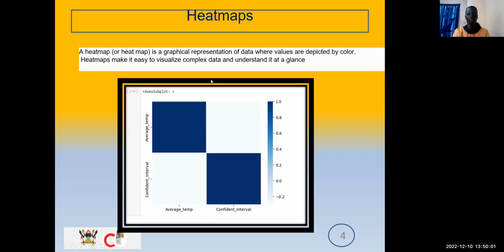A heat map is a graphical representation of data where values are depicted by colors. When we do the heat map, we are going to have this kind of graph. This has average temperature and confidence interval. These are the coefficient values given on the left hand side.